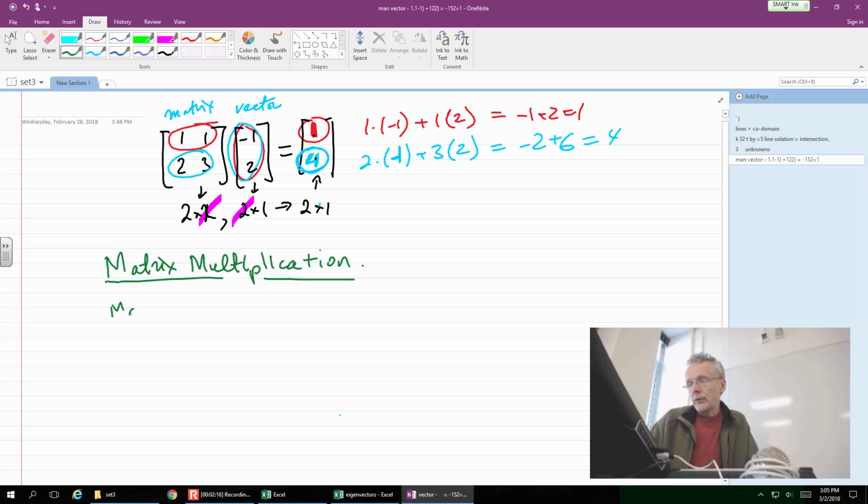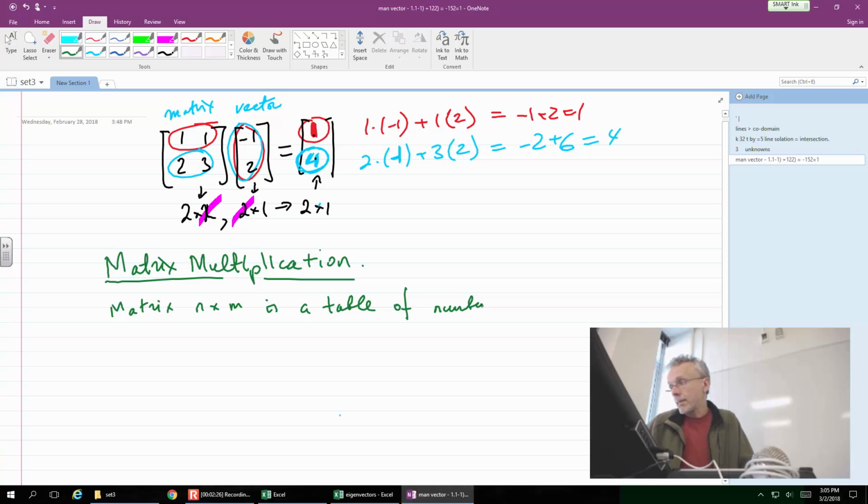So a matrix n by m is just a table of numbers with n rows and m columns. Okay.